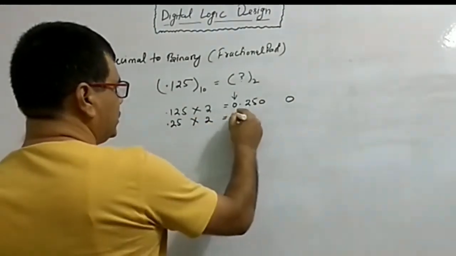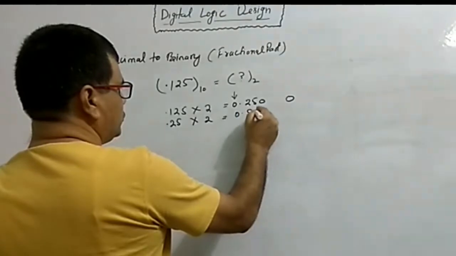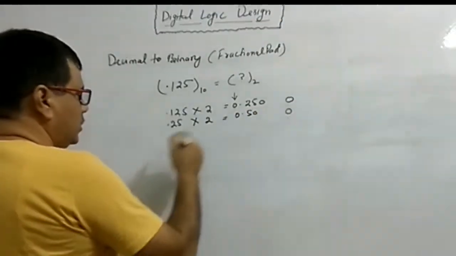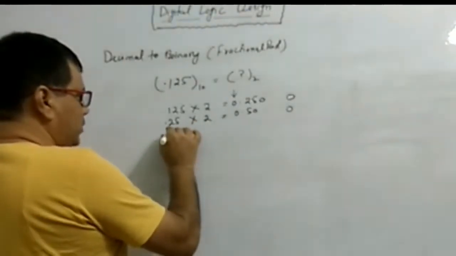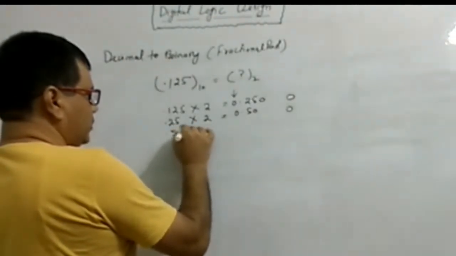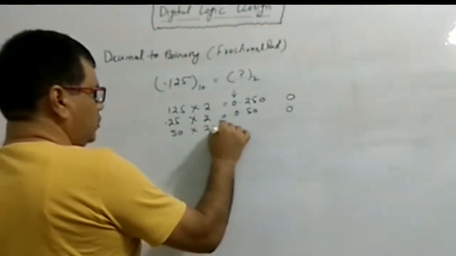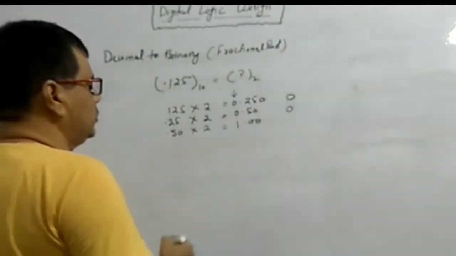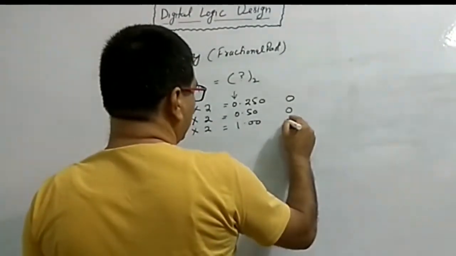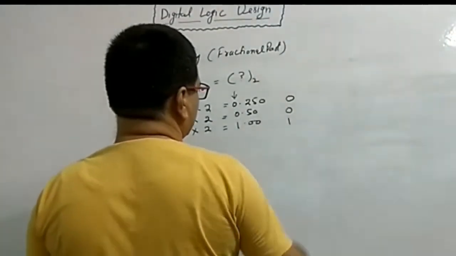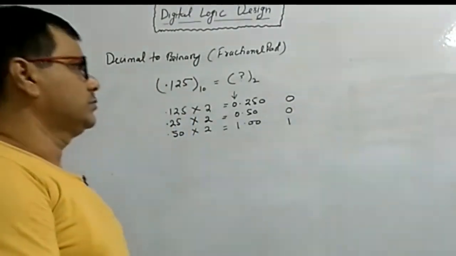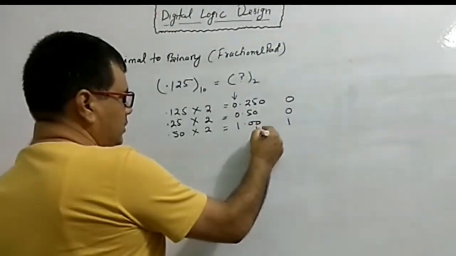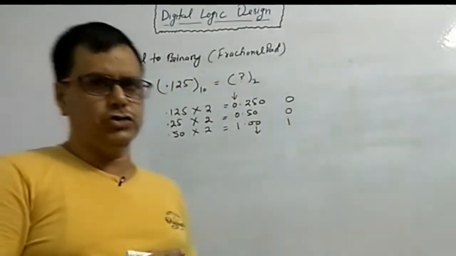What is the result? 0.50. The integer part is 0. Again 0.5 into 2, and the result is 1.00. What is the integer part? This is 1. And now the fractional part becomes 0.